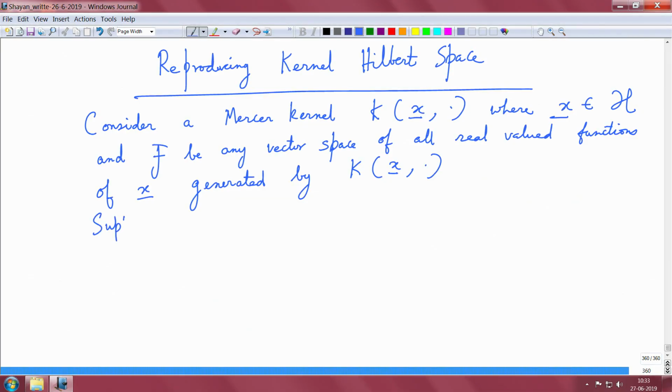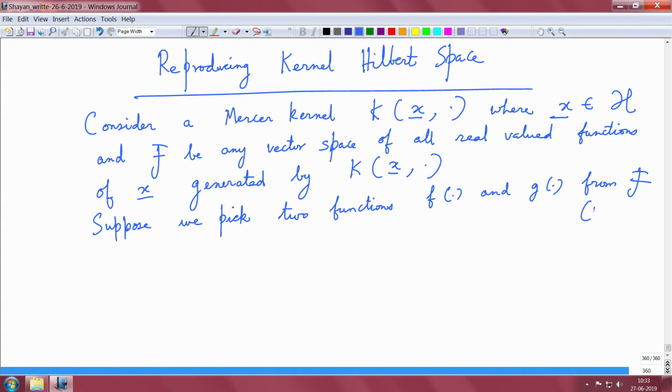Okay. Now, suppose we pick two functions f and g from this space F, which is the inner product space, then f can be expanded as summation i equals 1 to L, a_i times kernel acting on x_i and dot.